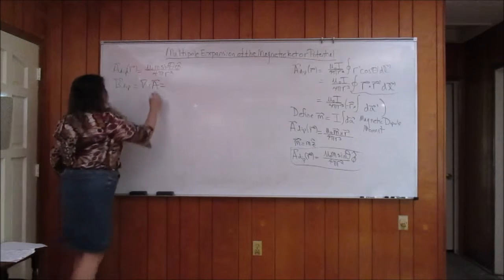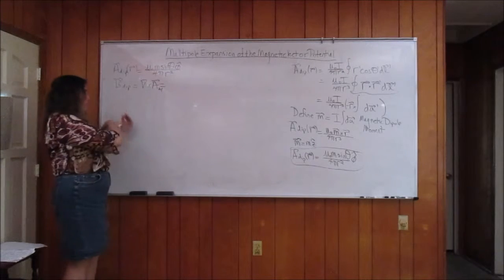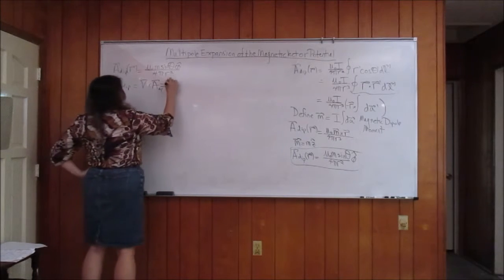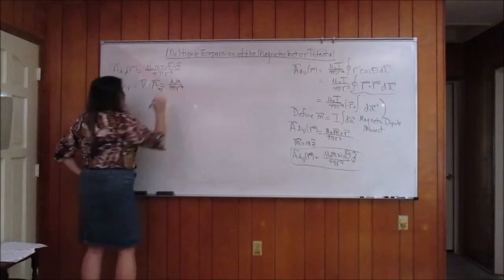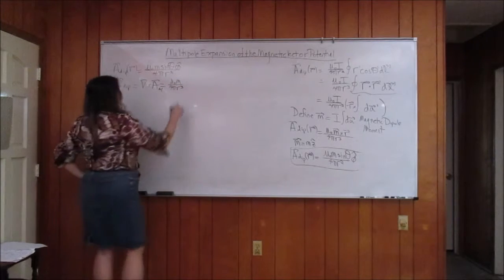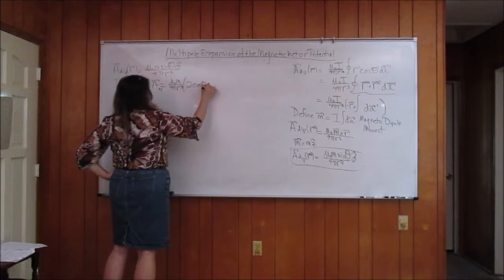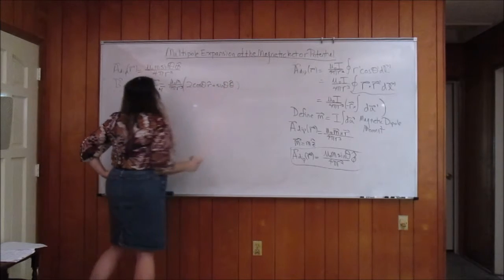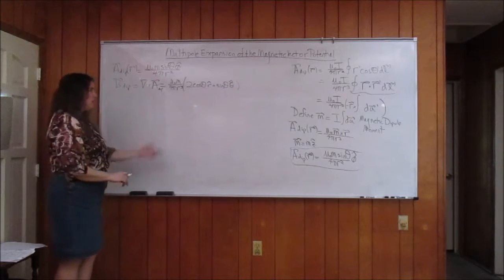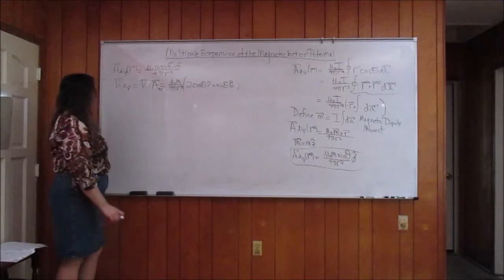And the curl of the magnetic vector potential gives the magnetic field, which in this case will be mu naught m over 4 pi r cubed times two cosine theta in the radial direction plus sine theta in the theta direction.